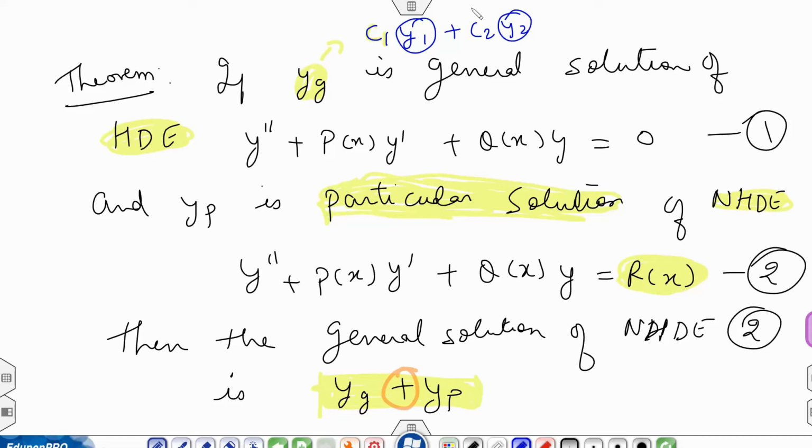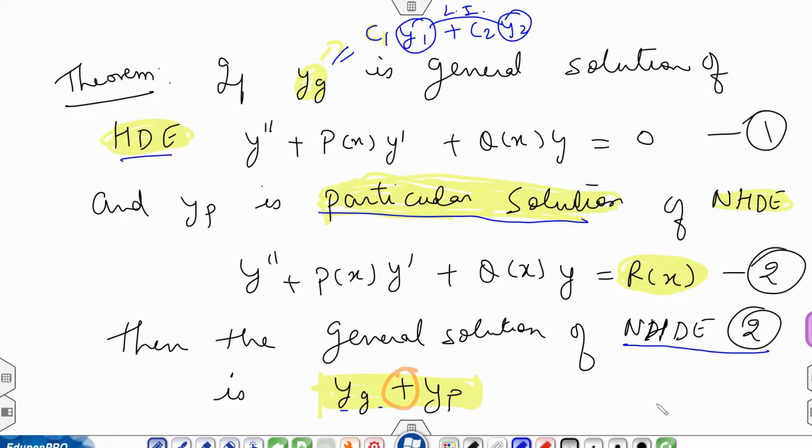So these both will be linearly independent. So this is the general solution for the homogeneous differential equation, and you have to find the particular solution for the non-homogeneous differential equation, and add these two, you will get the general solution for the non-homogeneous differential equation 2.